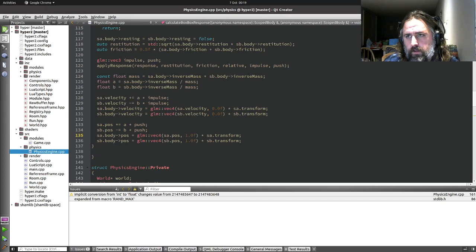Is right multiplying the same as multiplying with the transpose?